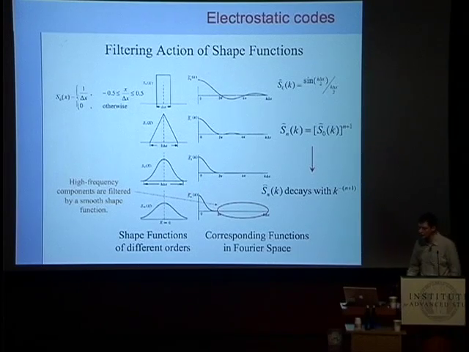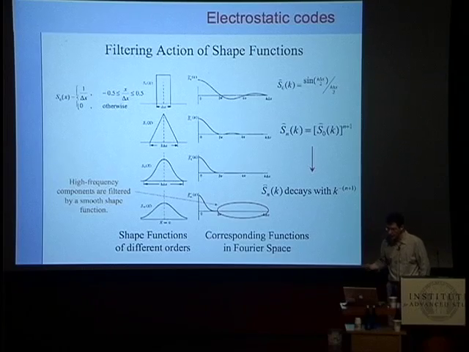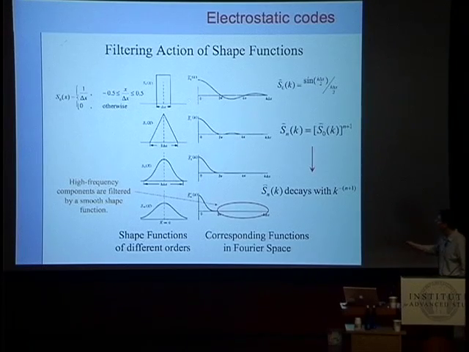And effectively, what this does for you is it eliminates higher harmonics. So if you look in the Fourier space, the Fourier transform of this shape of the charge has ringing at high k numbers. So it has short wavelength contributions to the charge density. You make the charge smoother and smoother, these short wavelength contributions die off, and correspondingly, it is more and more expensive to compute this type of shape function, as I mentioned before.